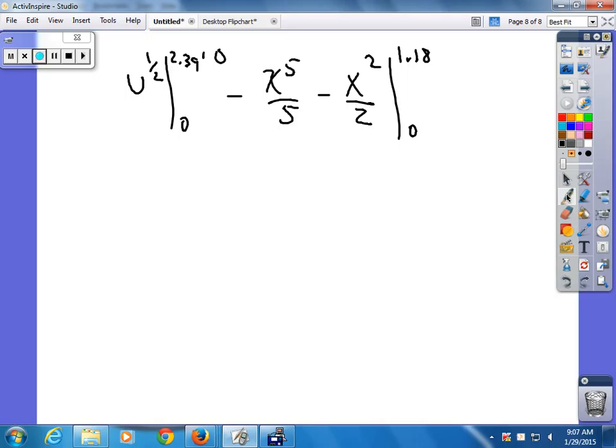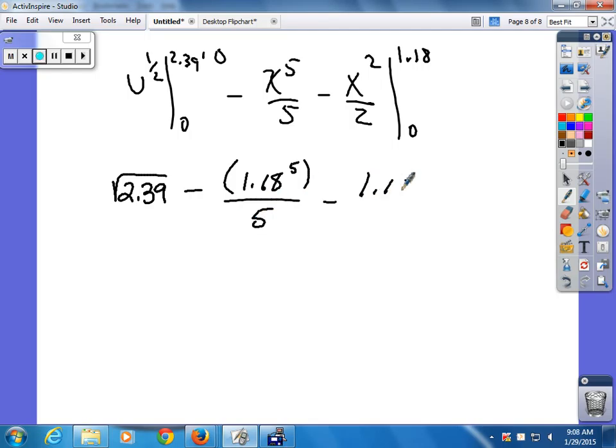All right. So square root of 2.39 minus, and of course 0. Thank God it's zeros here. We'd have a mess. Minus 1.18 to the 5th power over 5 minus 1.18 squared over 2.